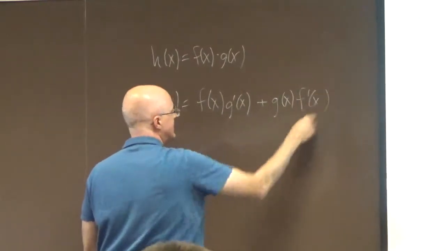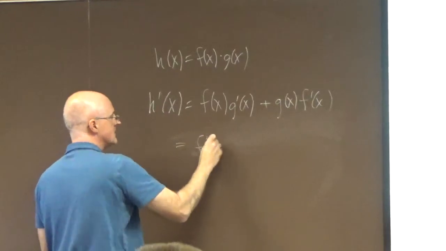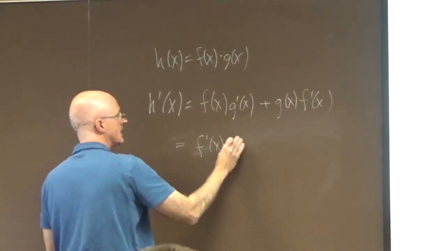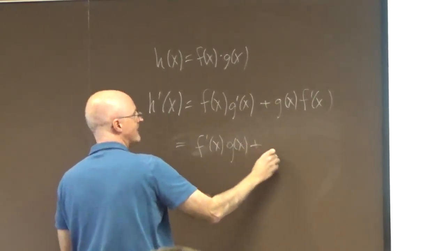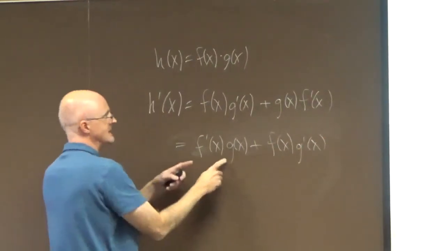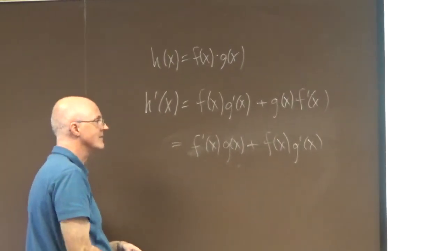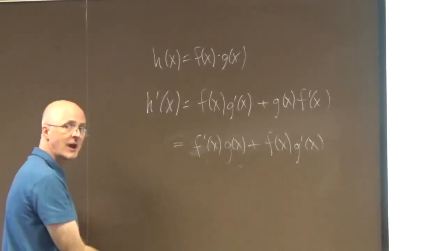And because addition is commutative, you can do it the other way around as well. And I also have switched around these two things. Multiplication is commutative too. Both of those are okay.